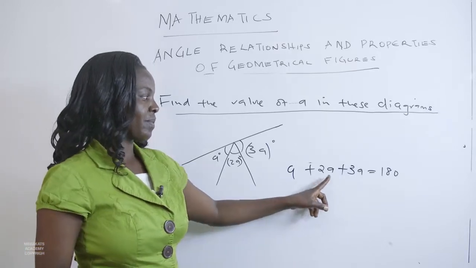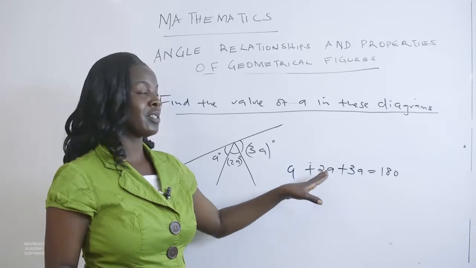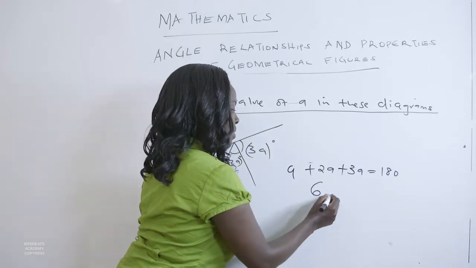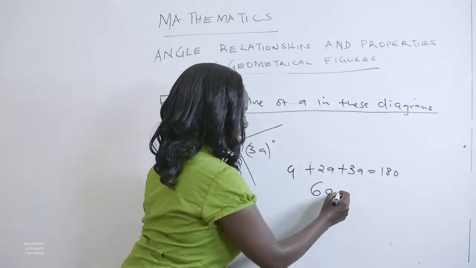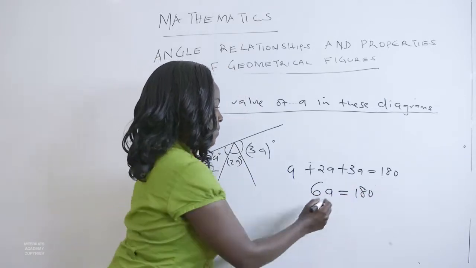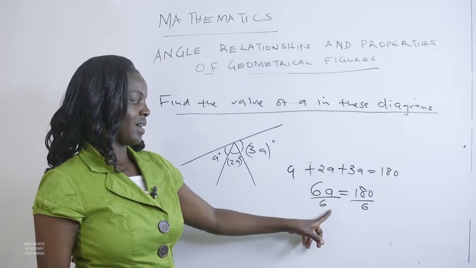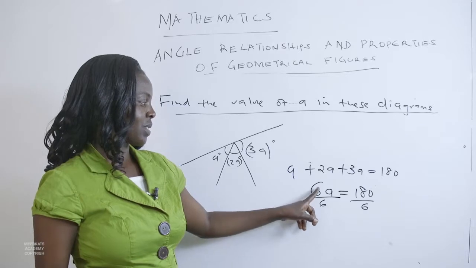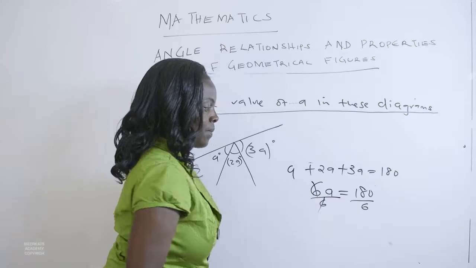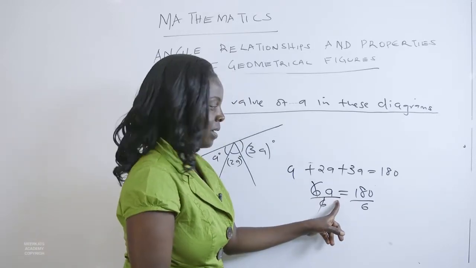Because all of them are in terms of A, they are like terms, so we can add A, 2A, and 3A. If we add all of them together, we have 6A, and that will give us 180. To find the value of A, we divide both sides by 6, because we want to eliminate this 6. 6 divided by 6 is 1, so that will remain A on this side.